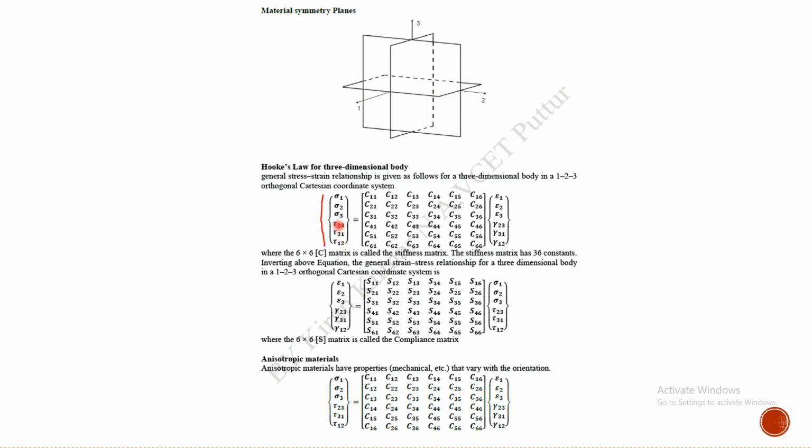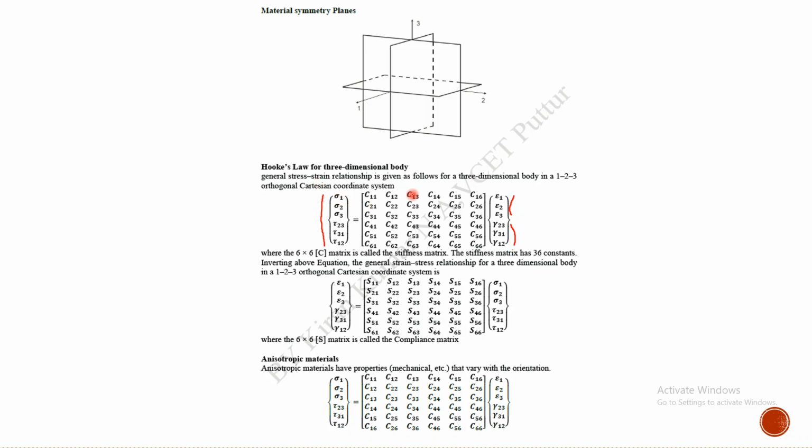Both are correct. So how many stress components? Three normal stresses and three shear stresses. Similarly, we can relate that to strains also: three normal strains and three shear strains.